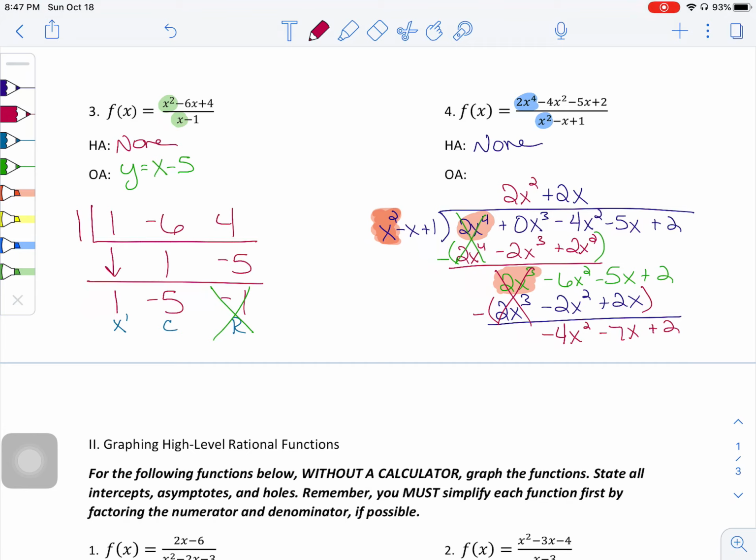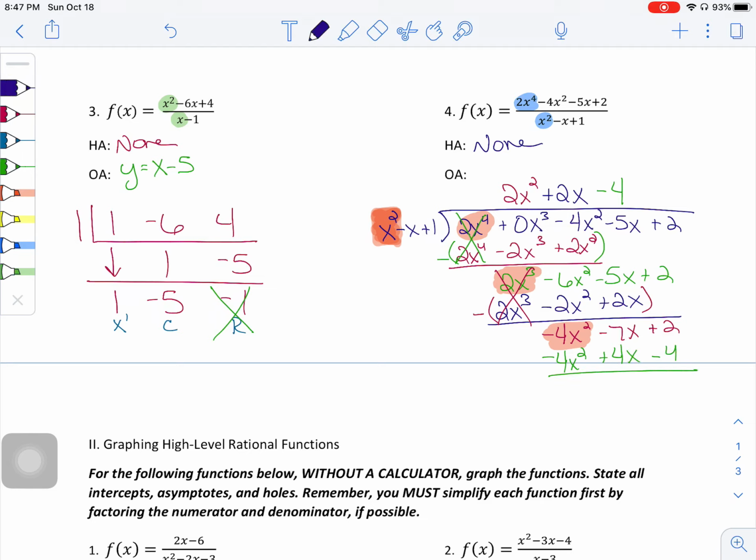And we're going to do it one more time for our division. So I'm going to take this leading term, negative 4x squared, divided by x squared. So negative 4x squared divided by x squared is going to be negative 4. Now I need to distribute. So negative 4 times that is going to be negative 4x squared, positive 4x, and negative 4.